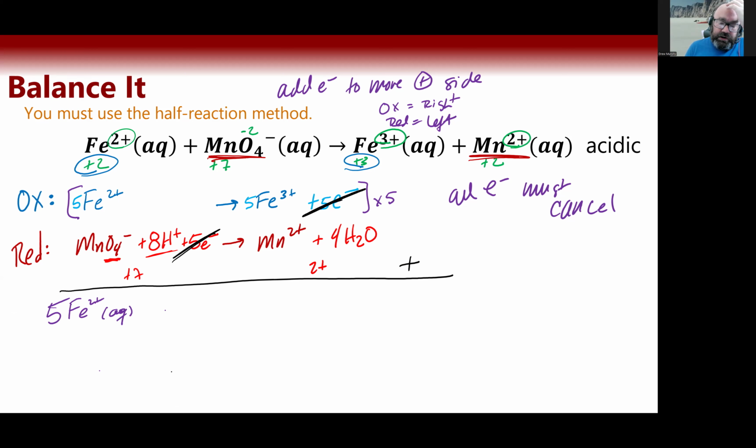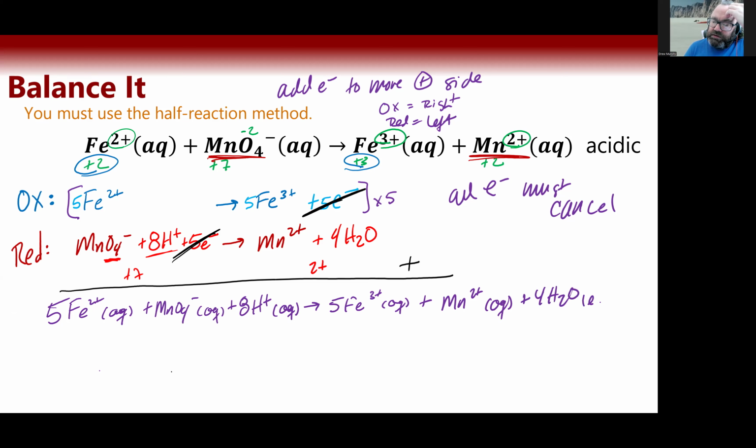So 5 iron plus permanganate, both in solution, plus 8 H pluses in solution, are going to give us 5 iron 3 plus and a manganese 2 plus and 4 waters. Now, if you have to guess, the phase label on water has to be liquid.